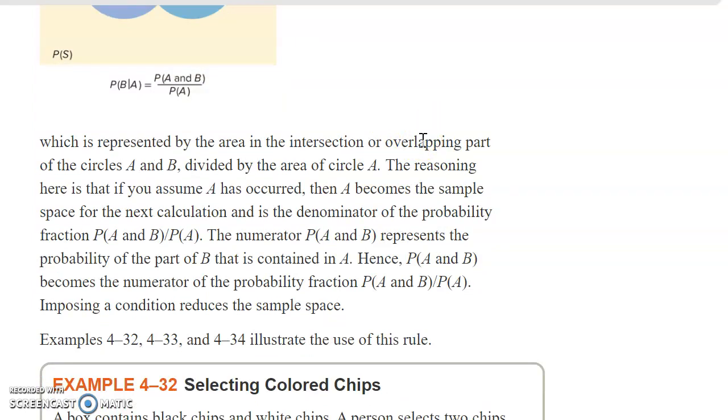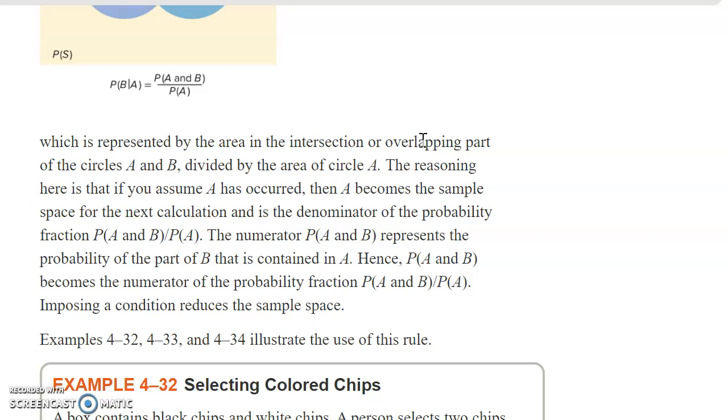He says, listen, you got the areas here. The reasoning here is that if you assume A has occurred, that's my new sample space. And then that's the calculation. For the next calculation, A is the sample space. It's the denominator, that's the bottom guy, of the probability fraction.